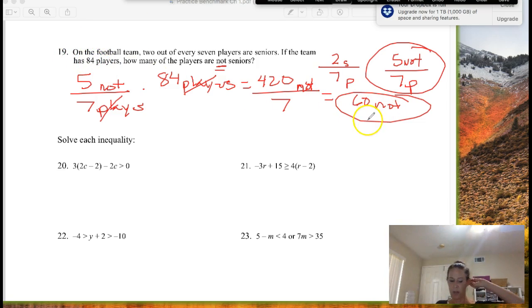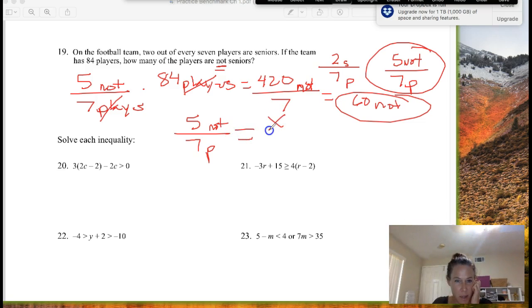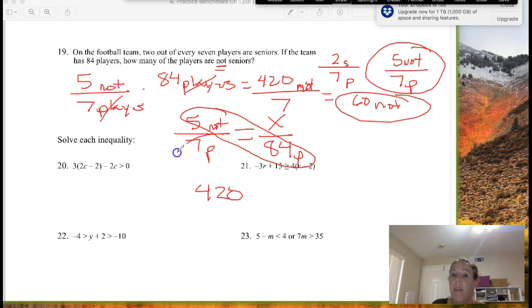Now another way that you could have set this up is to first figure out the not seniors to players. So 5 not seniors to 7 players, okay? Set it up like a ratio. That would equal how many not seniors to 84 players, okay? So you would cross multiply here. You would go 5 times 84, and you would get 420. Then cross multiply this way. You go 7 players times x, or 7 times x.